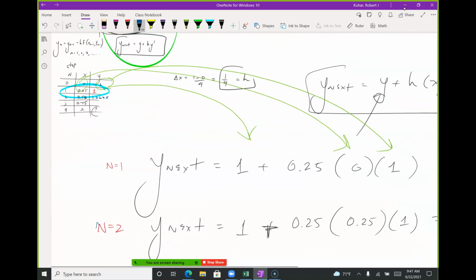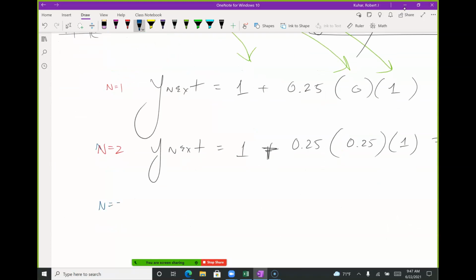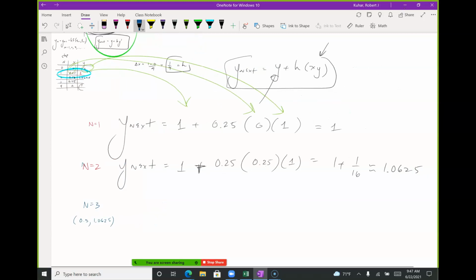So for n is 3, I'm using the 0.5 for x and the 1.0625 for the y, right? Because if you can see, that's what I have for my next line here in green. 0.5 and 1.0625. So y next for me is 1.0625 plus h times the 0.5 times the 1.0625.